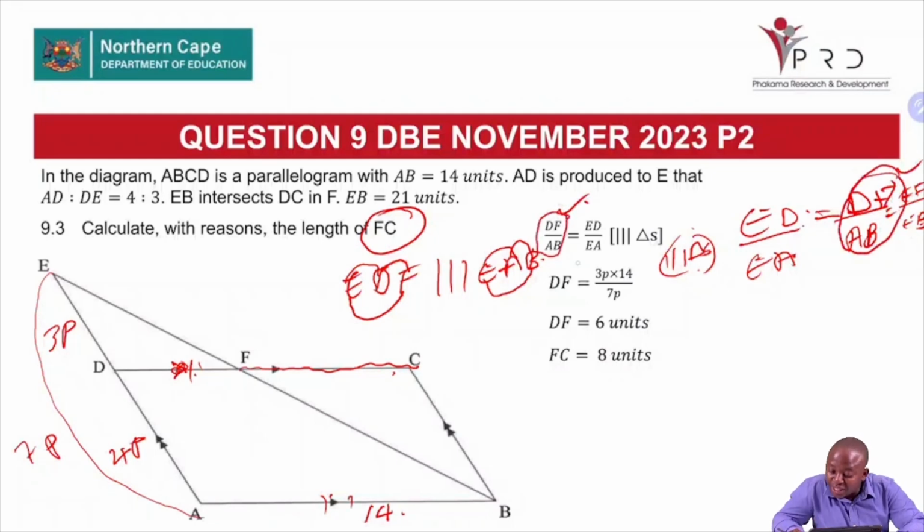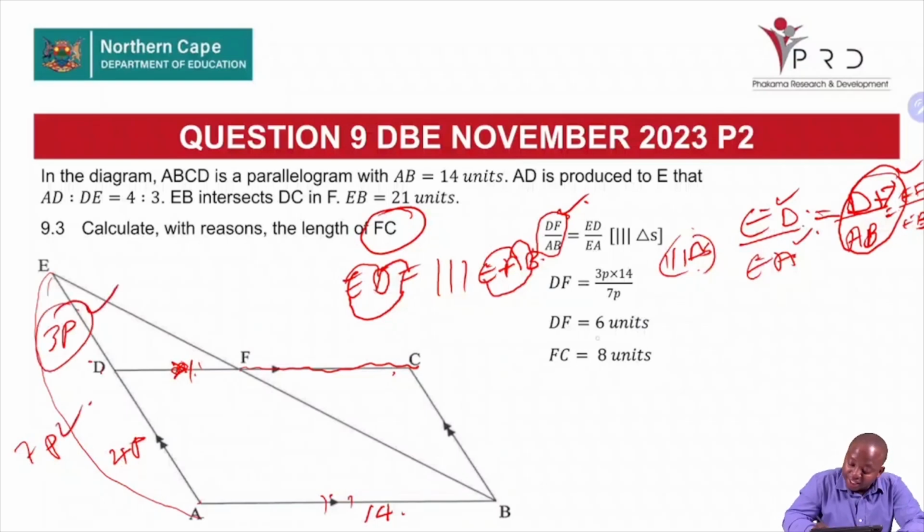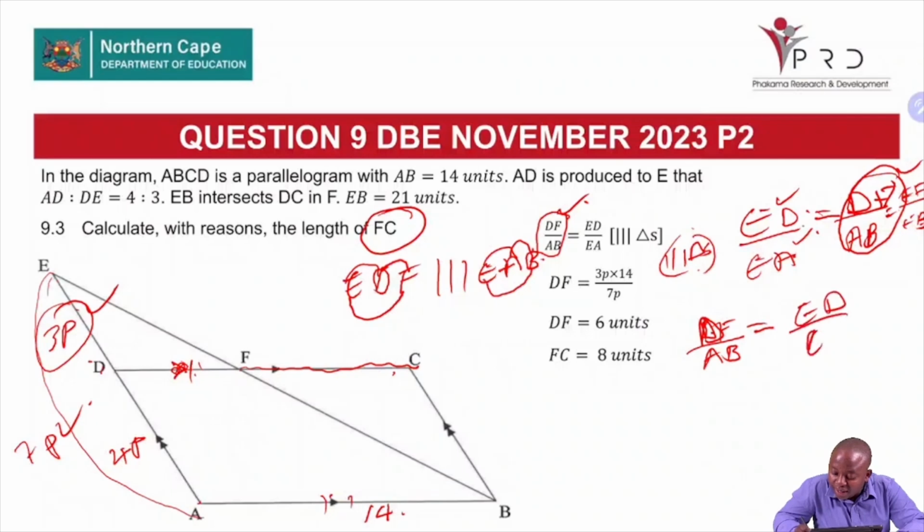And we use what is given also. We know that ED and EA are given, as 3P and 7P. So DF over AB is equal to ED over EA. Why DF?